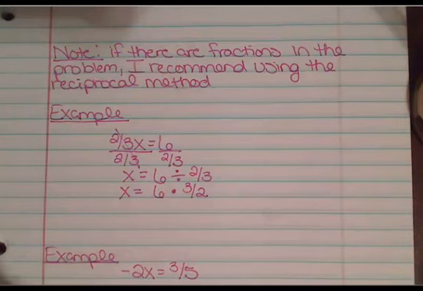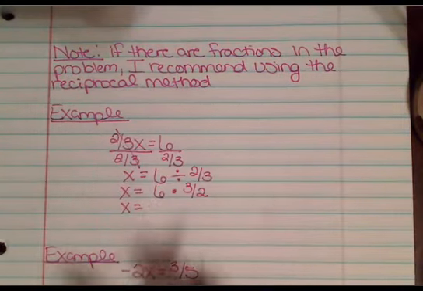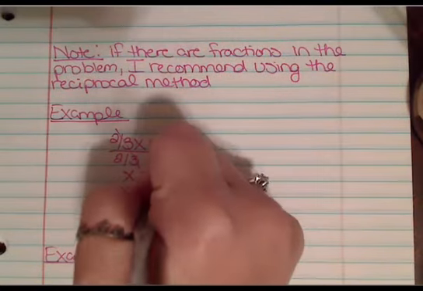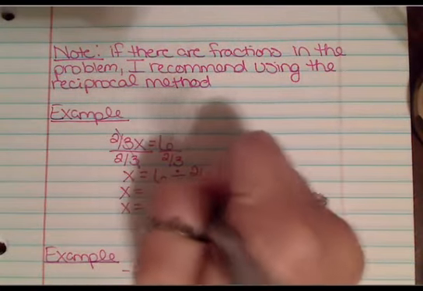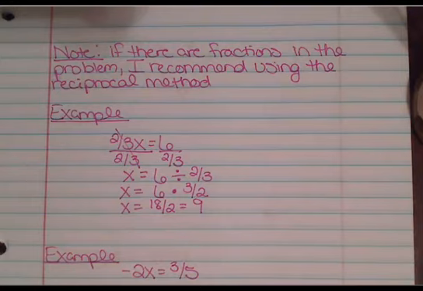So you would get x equals, and then 6 times 3 is 18, over 2, which equals 9. So you get the same answer working it either way, but this way can get more confusing. So it's really up to you how you'd like to do it, but anytime that there's a fraction like that, I'm going to be using the reciprocal method instead of the opposites method.